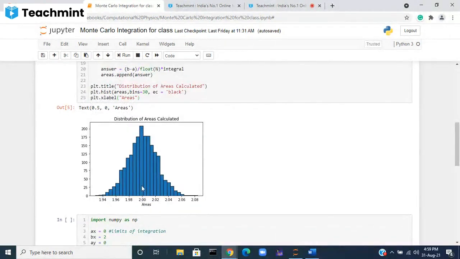Most of the answers lie around the value 2. The exact value is 2, and 2 is where the maximum number of answers fall.